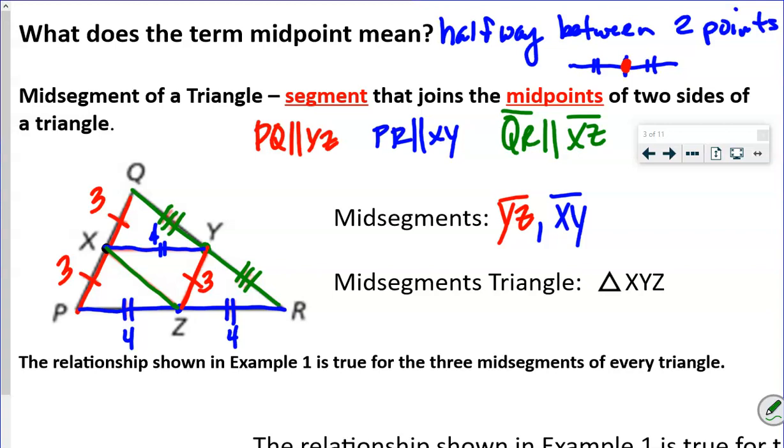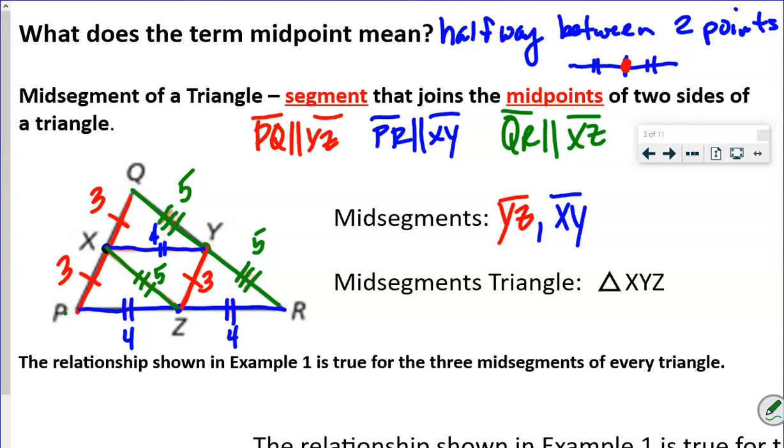Should have put line segment symbols over these, y'all. Okay, so then notice again that if we said that XY was 5, if we said that this was 5 and this was 5, then we know that this is the same, right? This is also 5.